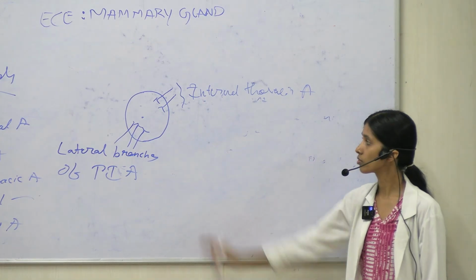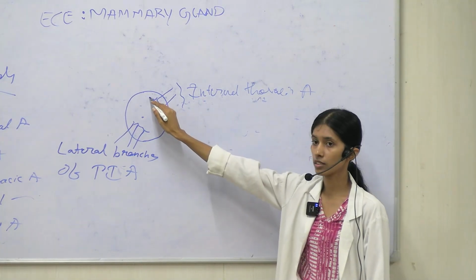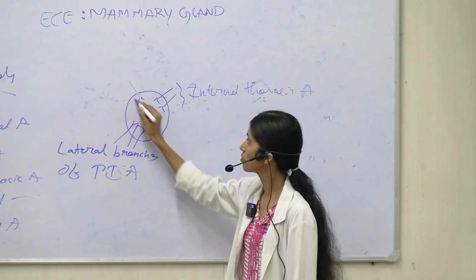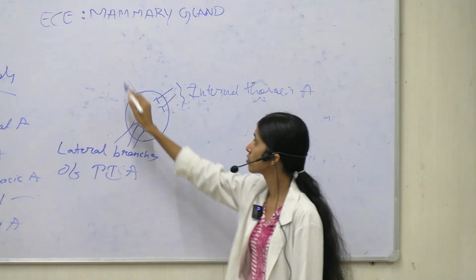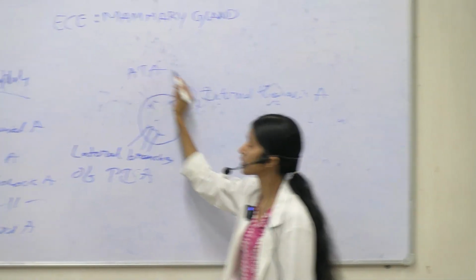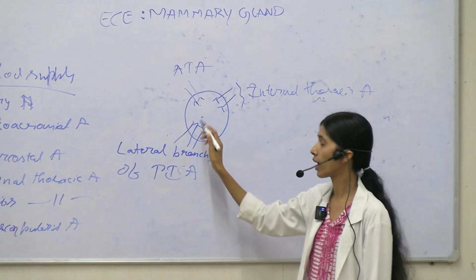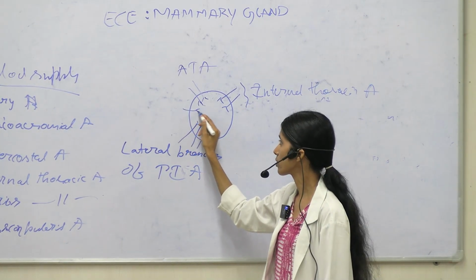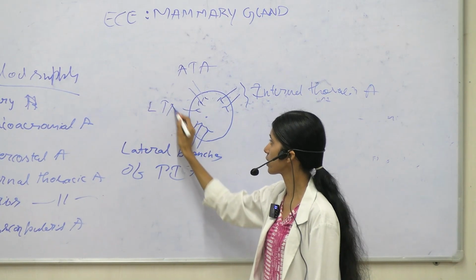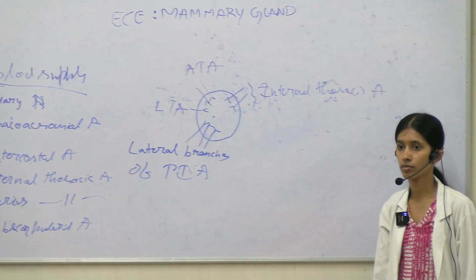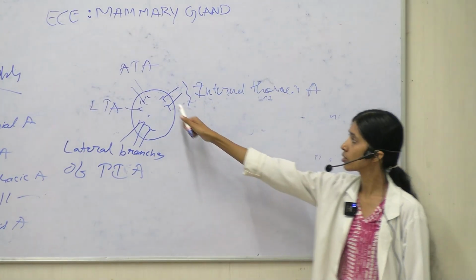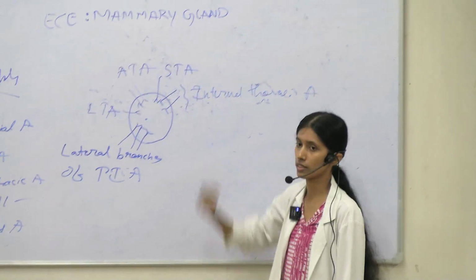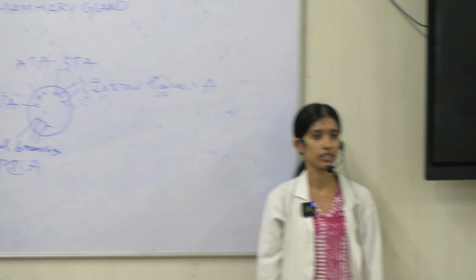Next, here, towards this side. Okay. Acromiothoracic artery and lateral artery. Lateral artery of which? Lateral thoracic artery. Okay. Where? Superior. Here? Superior thoracic artery. Any other arteries?